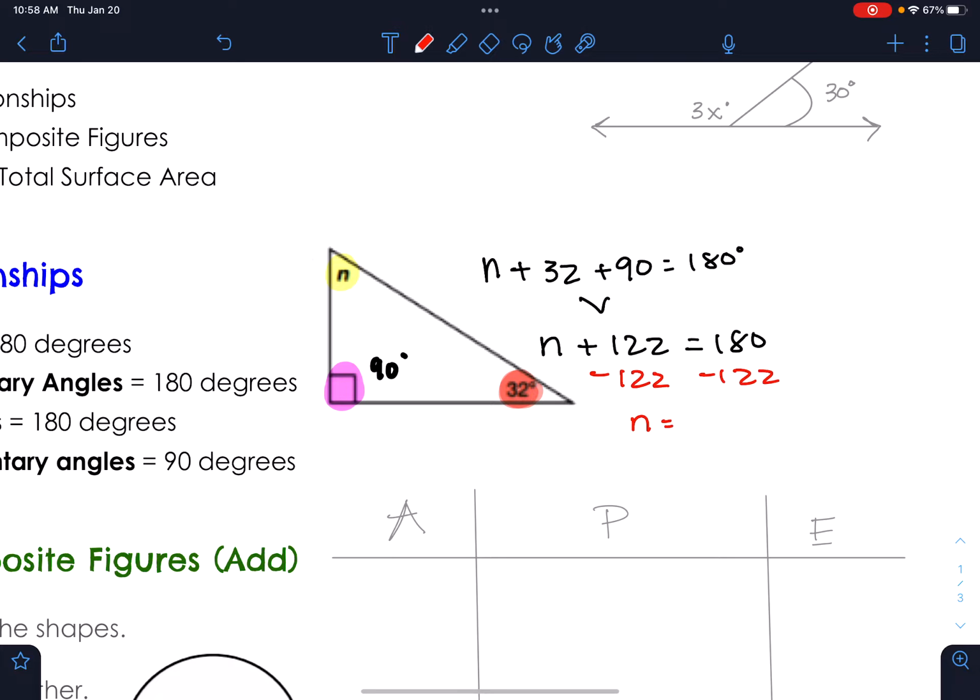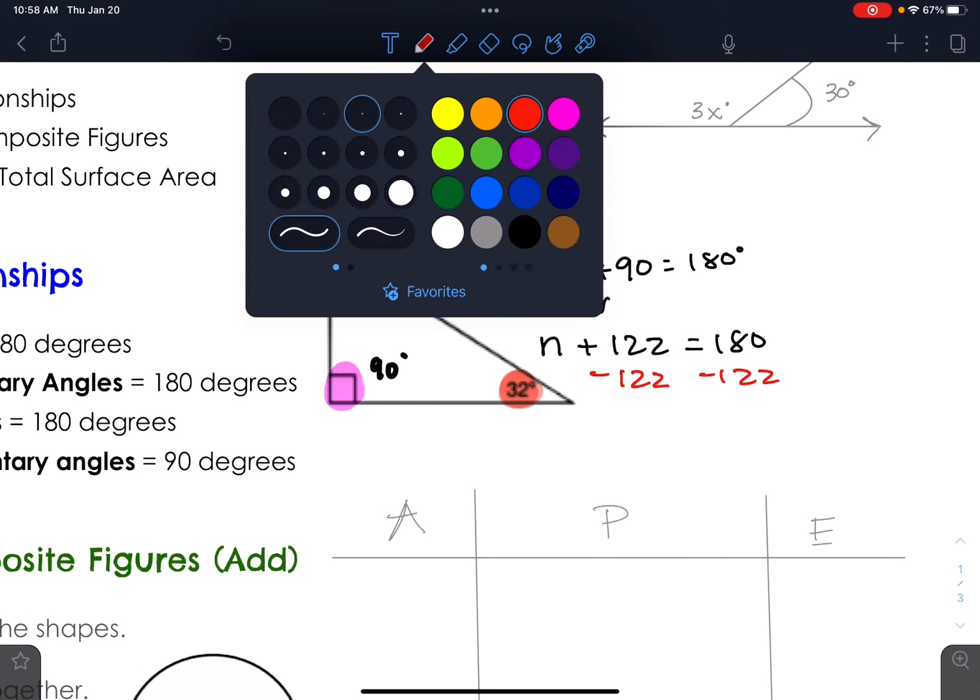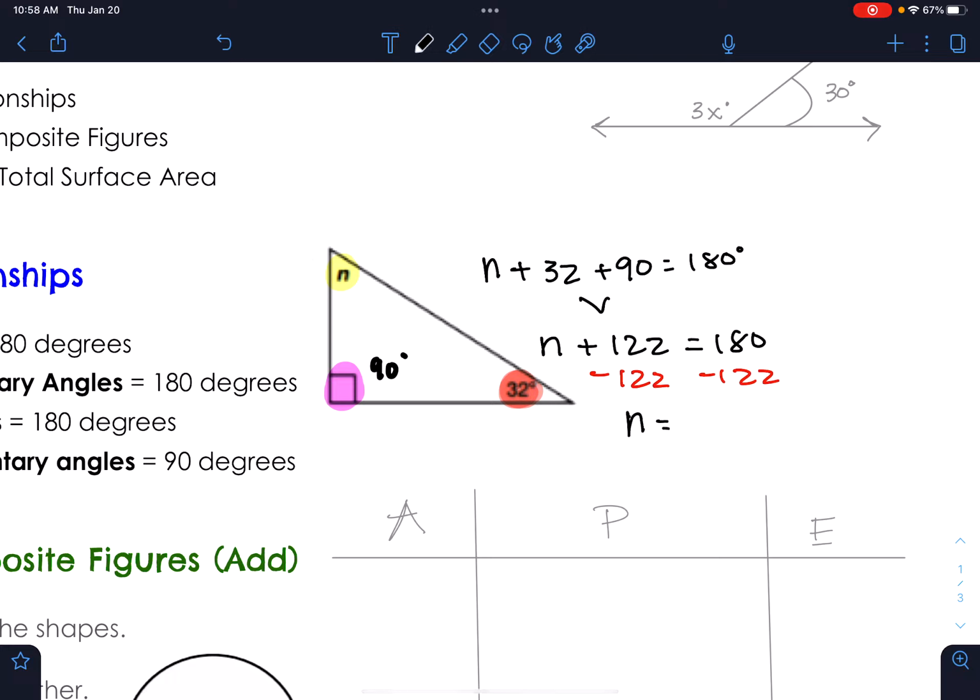N should equal, this becomes 10, this becomes 7. So n should equal 58 degrees. And that would be your answer. And one way to confirm that as your answer is if you add the angles all up again, you should have a total of 180.